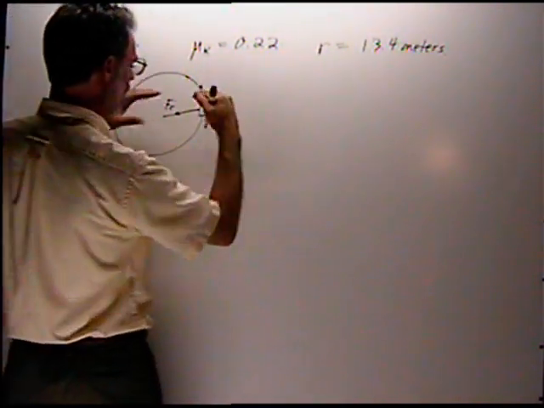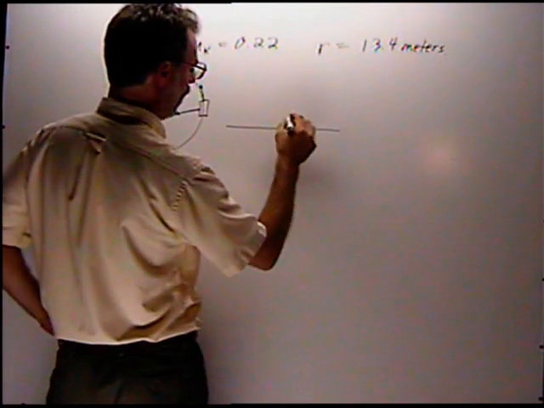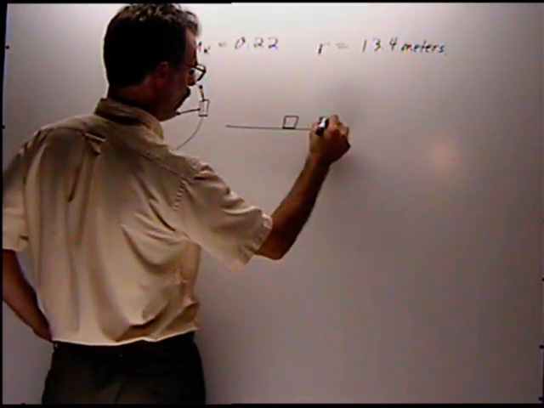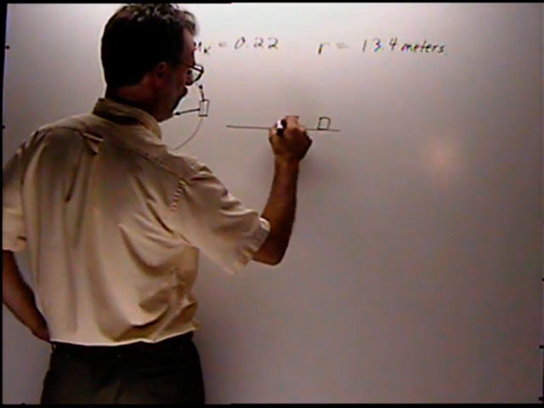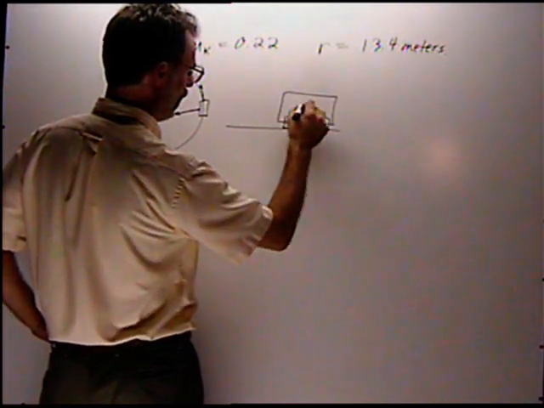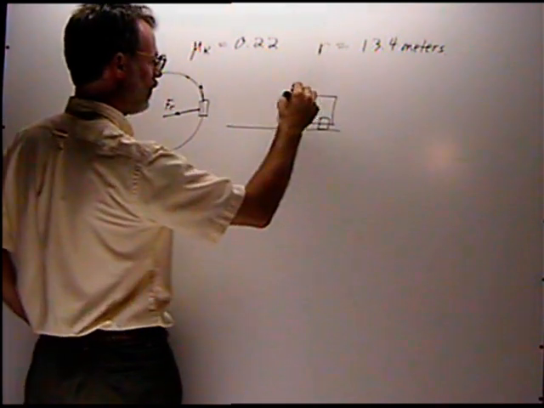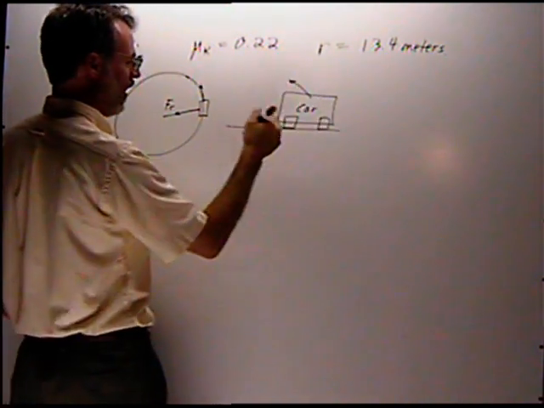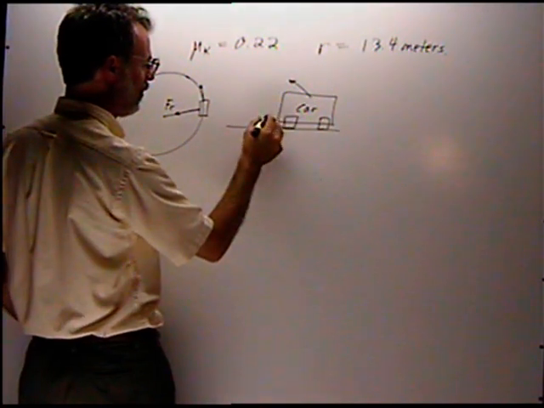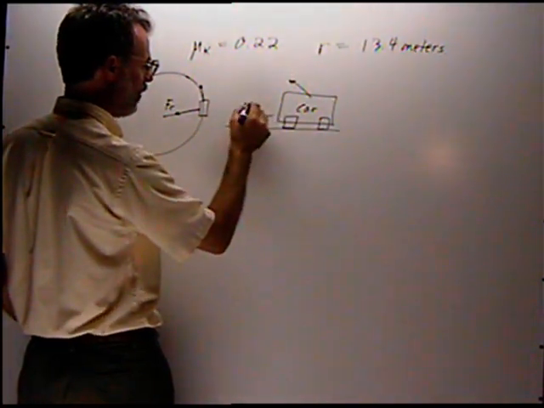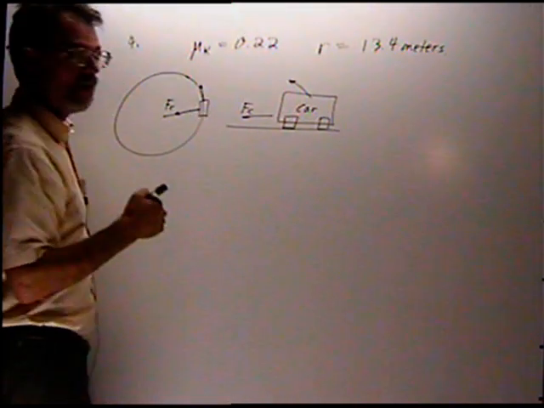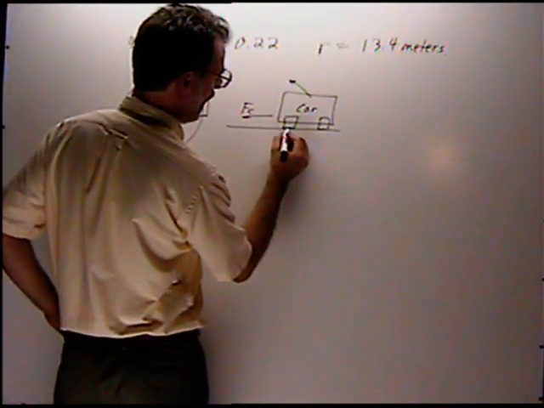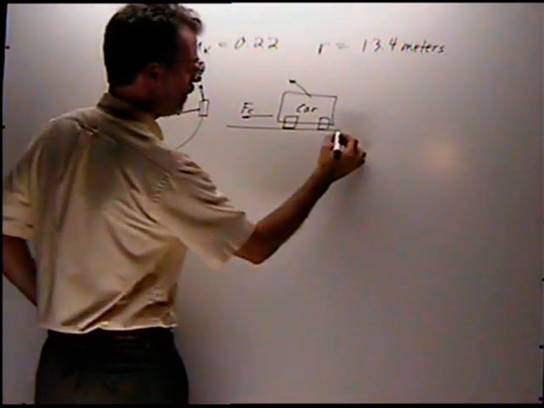So if I look at a side view of this, here are the two car wheels, and the car sits on top of this. The car is traveling around that way, and so there has to be a centripetal force this way. What supplies that is right here, the contact between the wheels and the road.